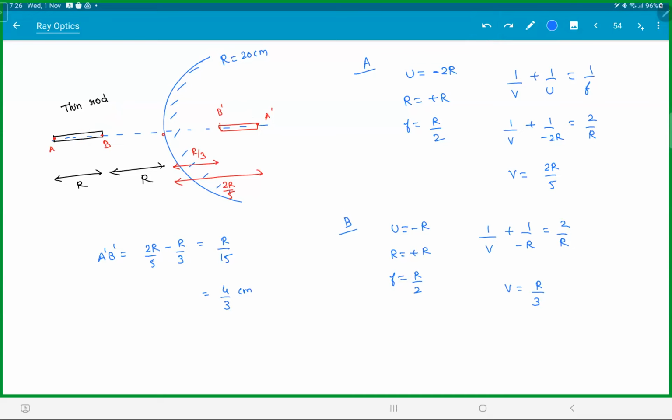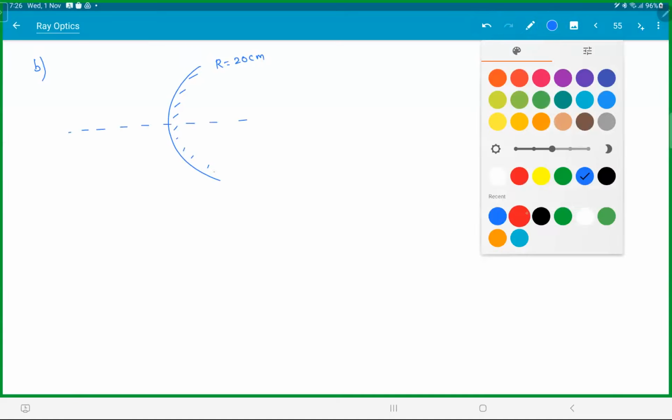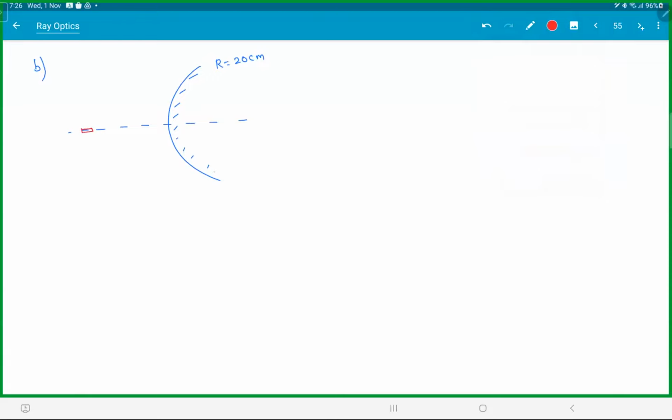Same problem, I can ask you in another way. R is 20 centimeters. Here we have a small rod, but its length is only 2 millimeters.